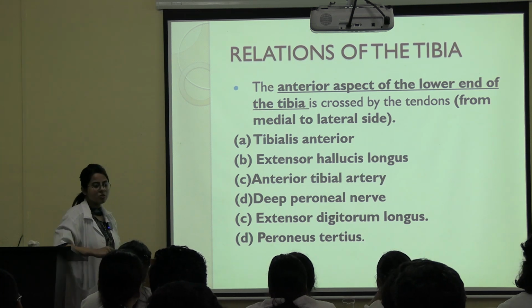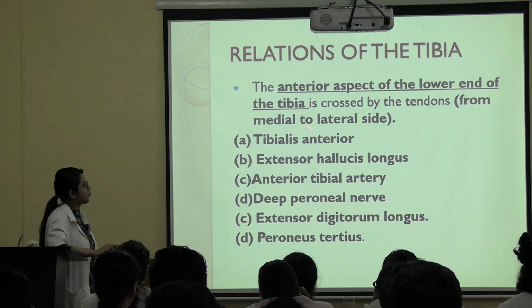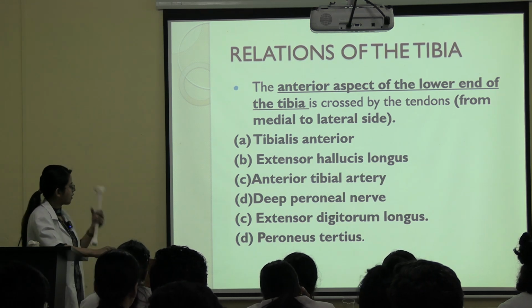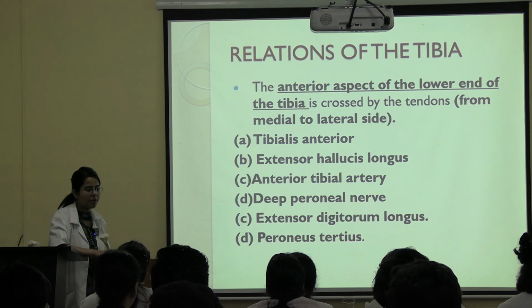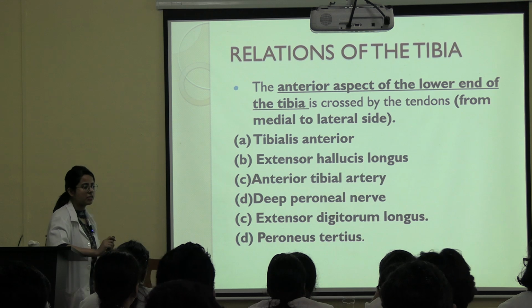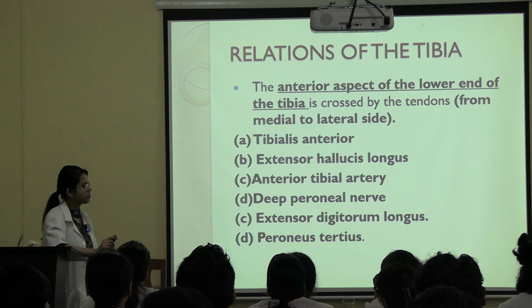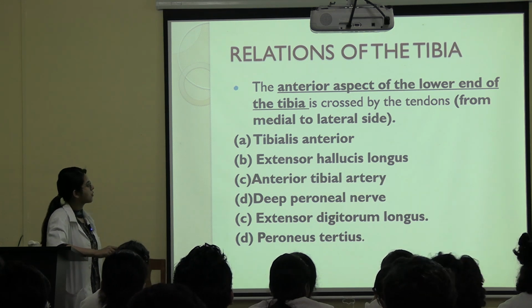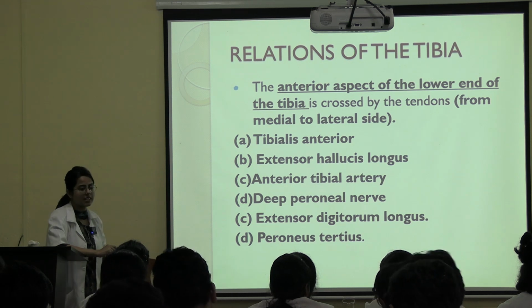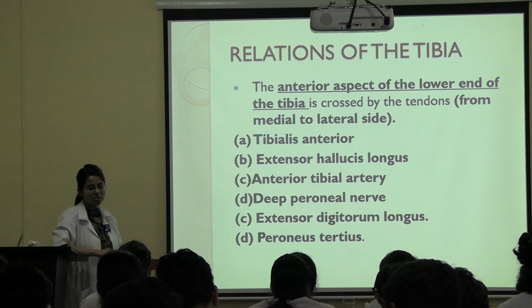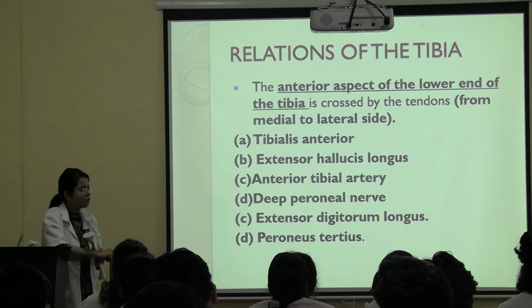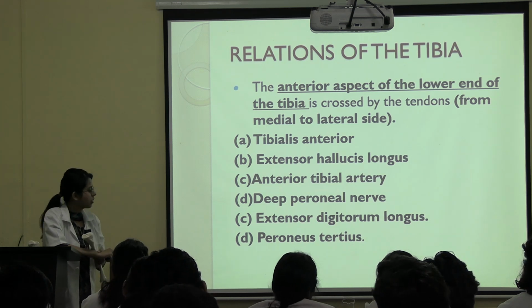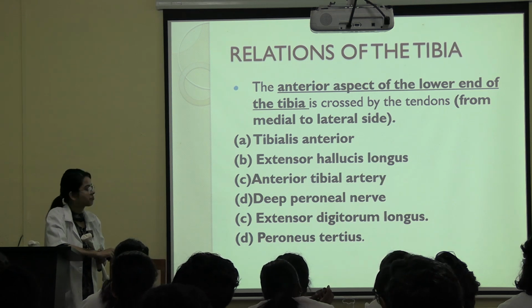So extensor hallucis longus, anterior tibial artery, deep peroneal nerve, extensor digitorum longus and peroneus tertius. You will be asked what structures are present in the anterior part of the lower end of tibia. You have to tell from medial to lateral or lateral to medial, whichever way you like. From medial to lateral: tibialis anterior, extensor hallucis longus, anterior tibial artery, deep peroneal nerve, extensor digitorum longus and peroneus tertius.